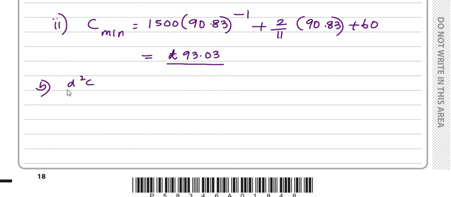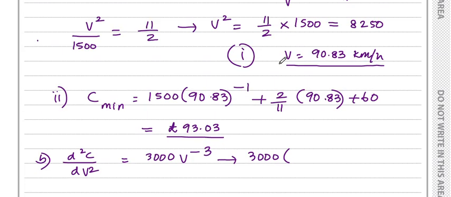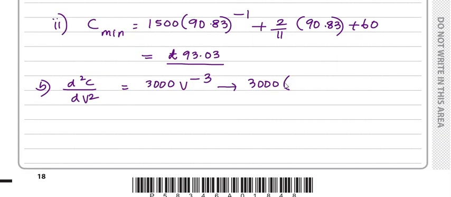So d square C over dv square is equal to, differentiating the first one once again, 3000 v to the power of minus 3, and that is equal to 3000 times 90.83 to the power of minus 3. We don't need to exactly calculate it.